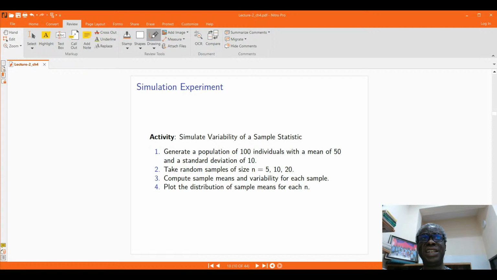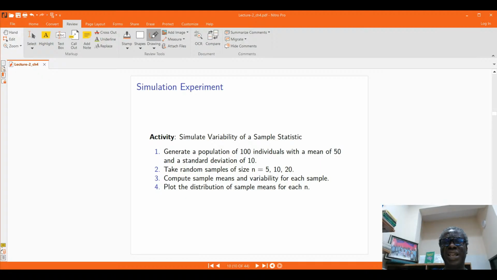And from these 100 individuals, we will first take a sample of size 5, and take as many samples of size 5 as possible. Then we move to take as many samples of size 10 as possible, and then as many samples of size 20 as possible.